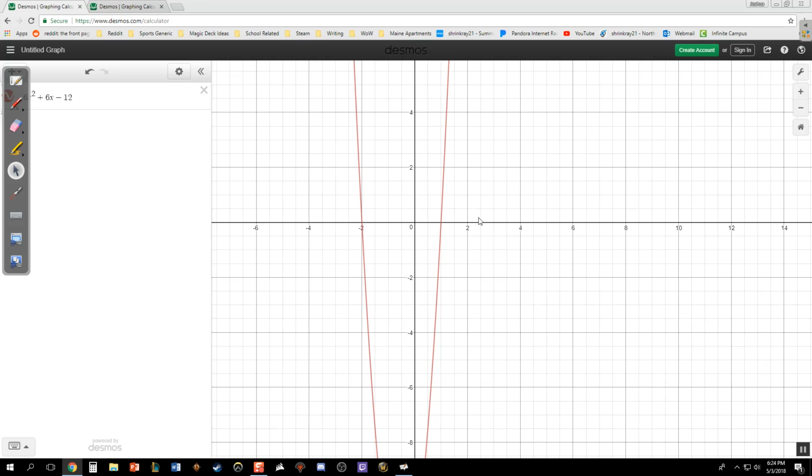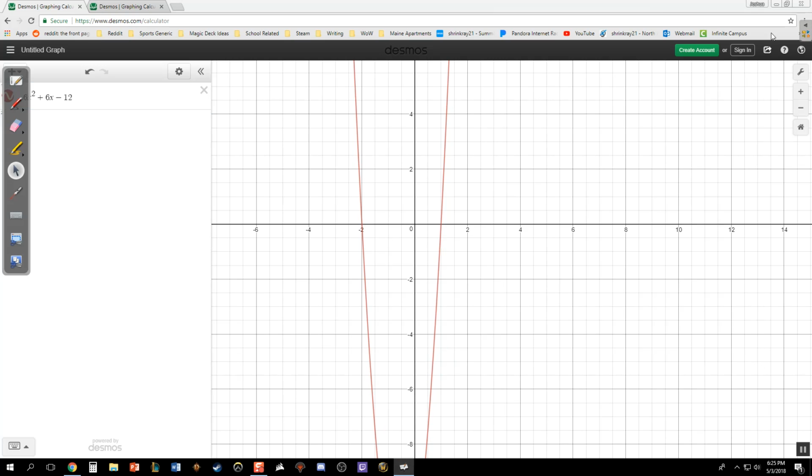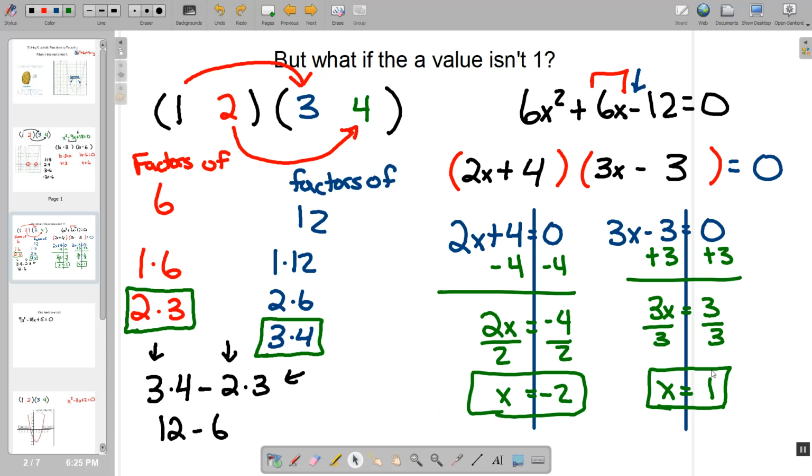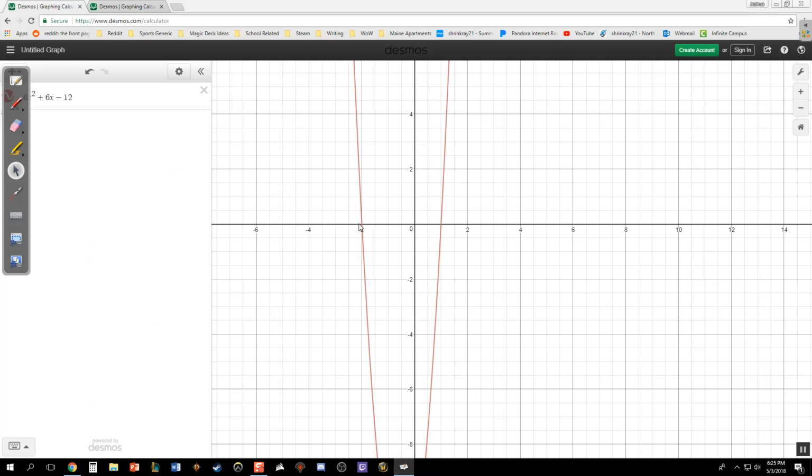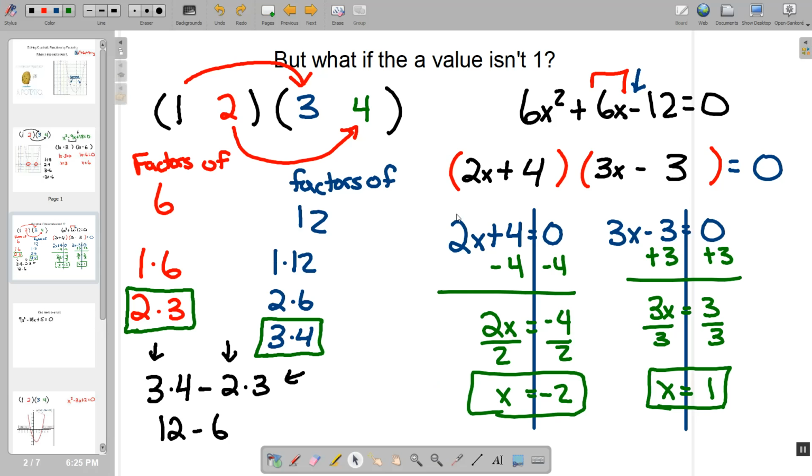But I only really care about where it intersects the x-axis, which here is positive 1, which was one of our solutions. And we also get negative 2, which was our other solution. So we have solved it correctly.